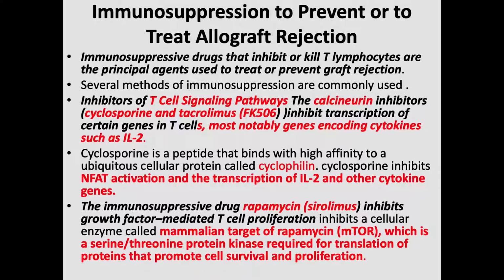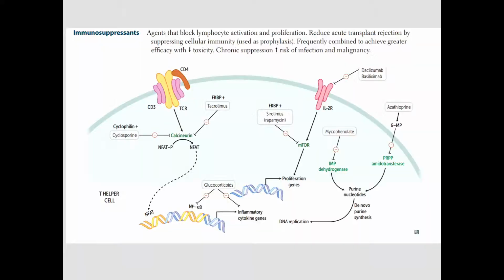A somewhat similar effect can be had with rapamycin or sirolimus. This can also inhibit interleukin-2 production, but through a slightly different pathway, and both lead to a decrease of pro-inflammatory cytokines and suppression of T cells. As you can see here, we have cyclosporin, which targets calcineurin, and also tacrolimus.